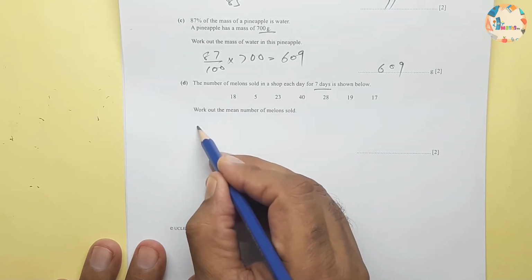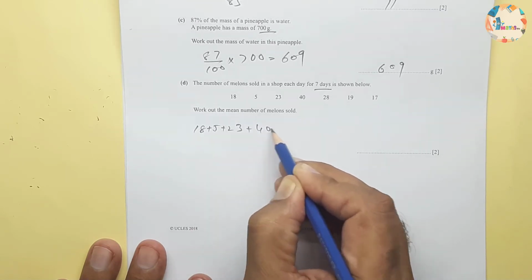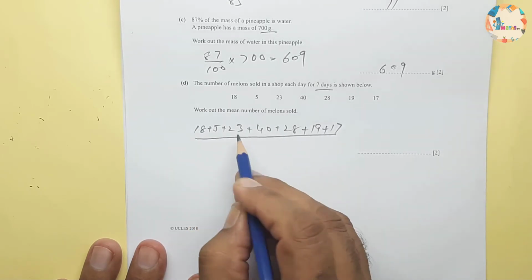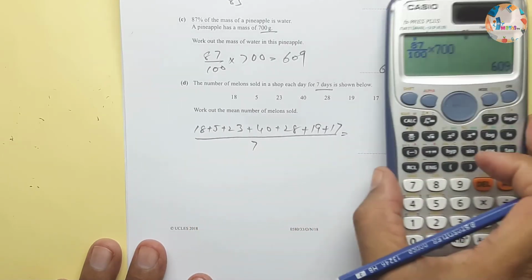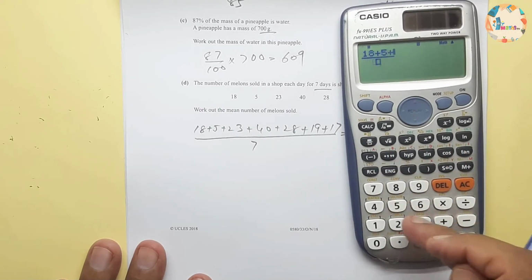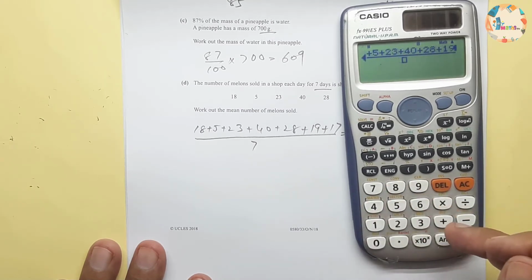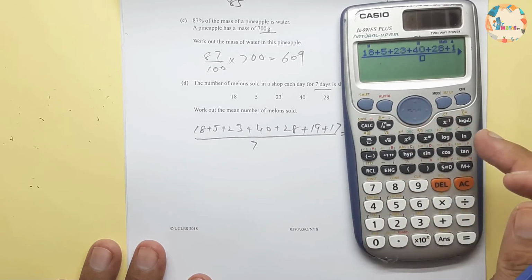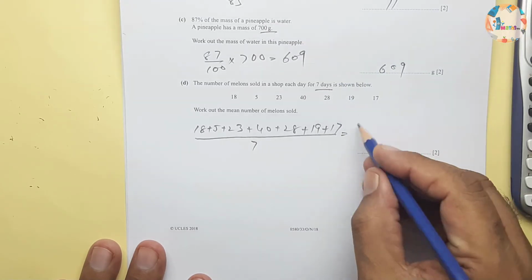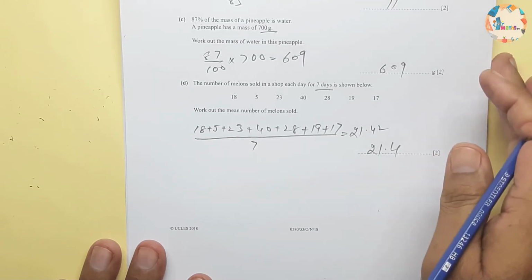So we'll add all 18 plus 5 plus 23 plus 40 plus 28 plus 19 plus 17 and divided by 7. This will be equal to 21.42. So our answer will be 21.4.